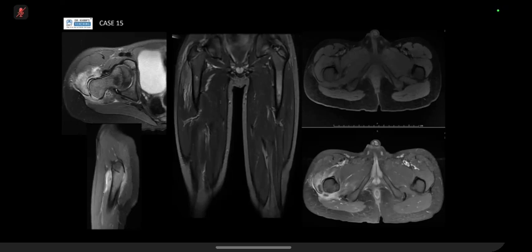An aggressive lesion, since there is edema, the cortex is breached, and there is an enhancing collection. So I'll go with osteomyelitis or Ewing sarcoma, an aggressive lesion rather than a simple benign lesion.